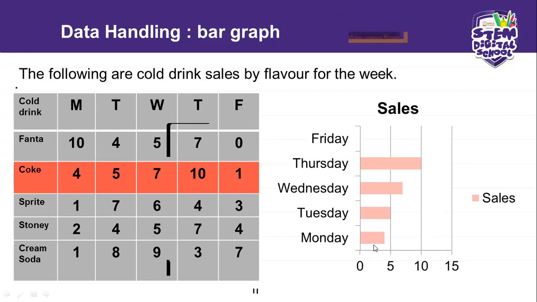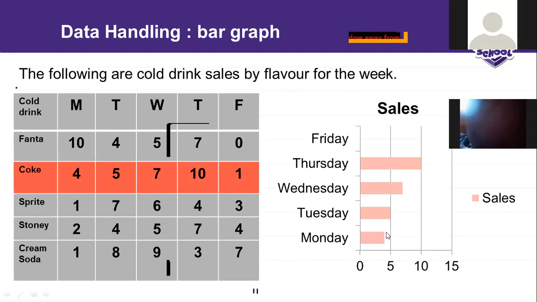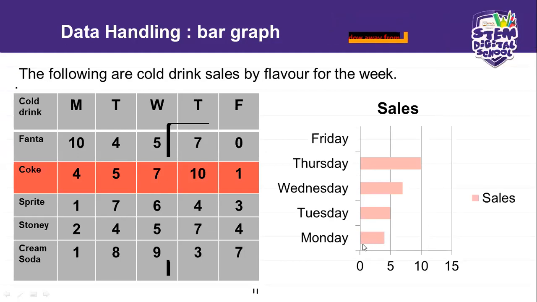And then there is our 4. That's where our Monday and 4 meet. And then what we do, we talked about bars, so we make this a bar. That is how our bar graph will look.